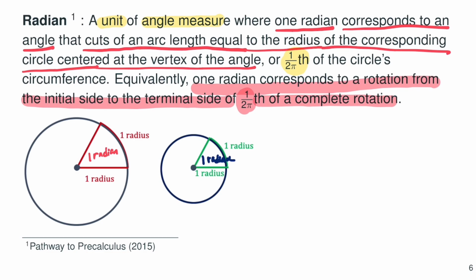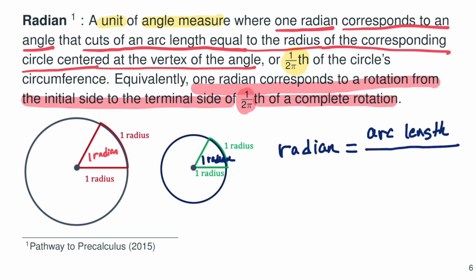So how do we find the angle in radians? Using radius and arc length. A radian turns out to be just the arc length divided by the radius length. So what does the division mean? Here's another way to think about division.